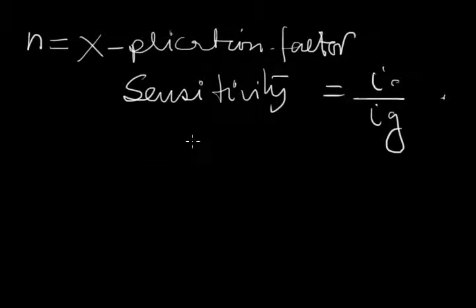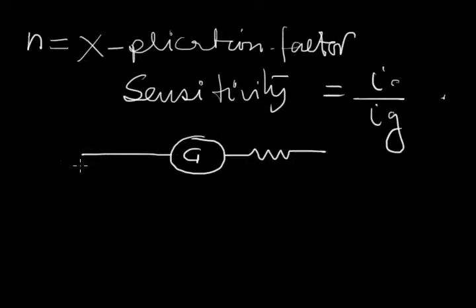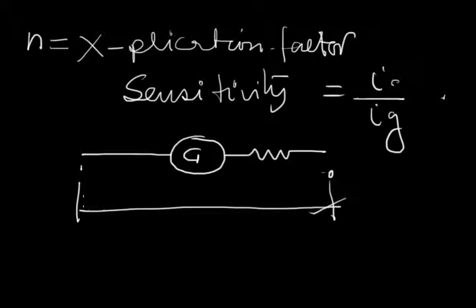Now the voltmeter is basically a galvanometer where there is a high resistance in series associated with the galvanometer. So this primarily is a voltmeter, and we can measure the voltage across these 2 points. This is what we call the voltage measured by the voltmeter, and we have the current here as Ig.